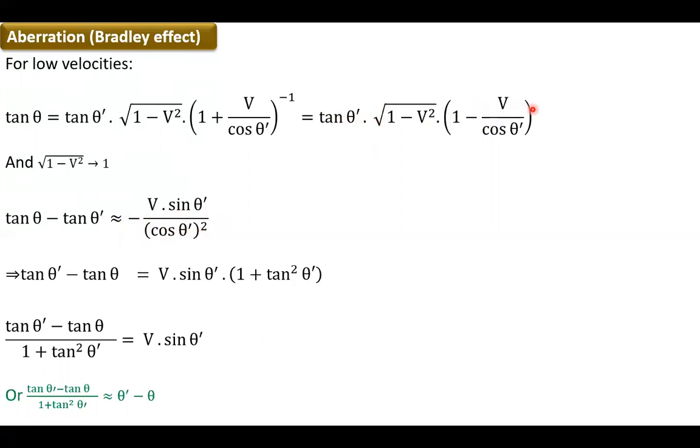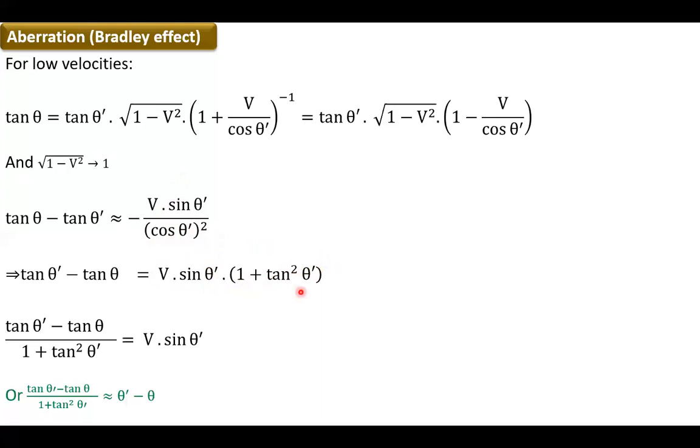So we'll get sine up there and another cosine on the denominator, so it's cosine theta prime squared. You can remove your minus by putting tangent theta prime minus tangent theta, which is equal to v sine theta prime over cosine squared theta prime. 1 over cosine squared is equal to 1 plus tangent squared.